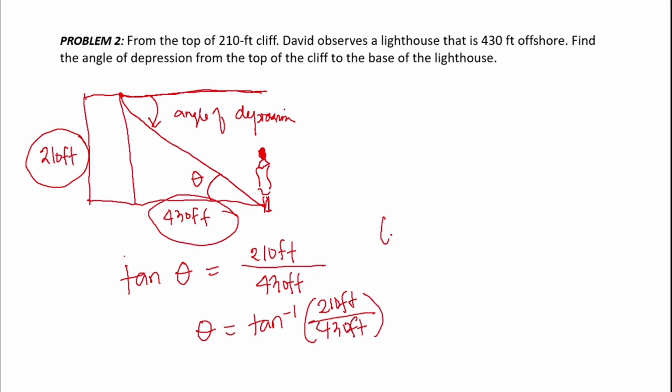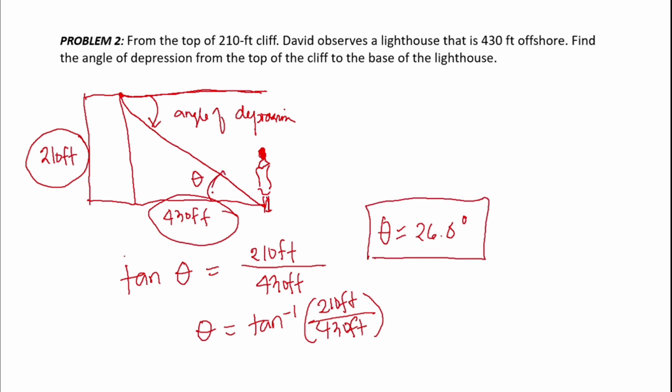If we compute that, the angle in three significant figures is 26.0 degrees.